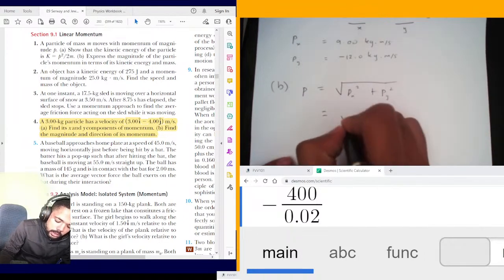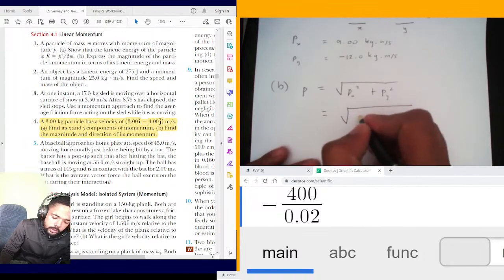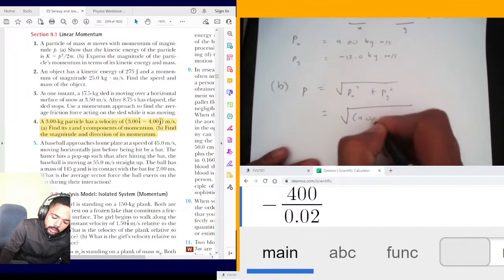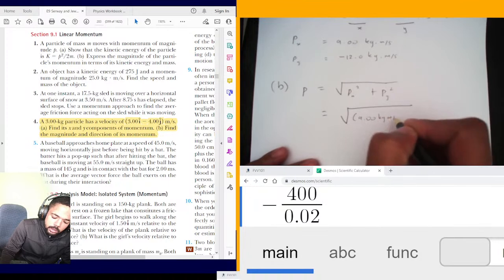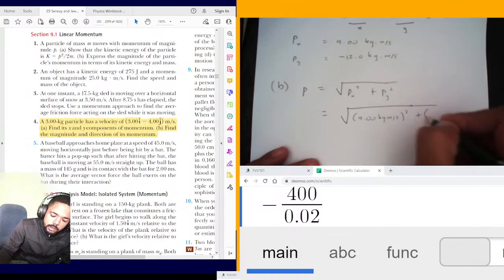In this case it's going to be 9 kilogram meters per second squared plus negative 12 kilogram meters per second squared.